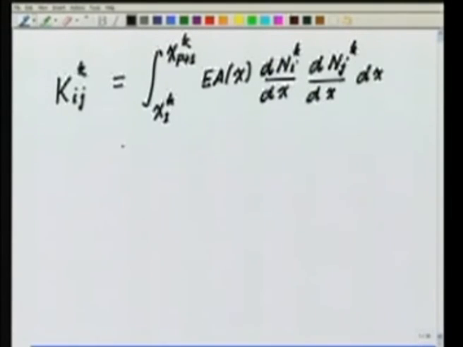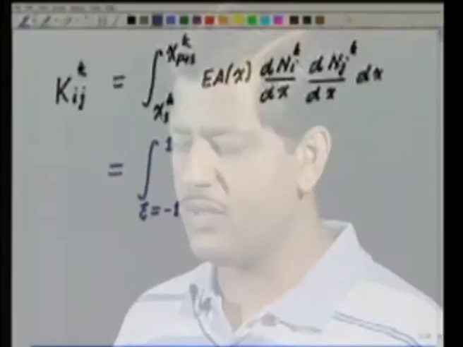Now, this we are going to evaluate in the master domain. Obviously when I transform, the transformation will take us from -1 to +1 instead of x_1^k to x_{p+1}^k. So the integration domain will be from -1 to +1 all the time.